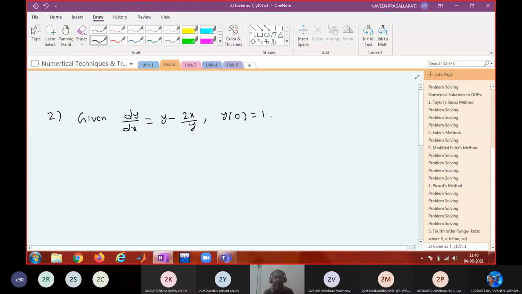Find y of 0.2, y of 0.4 by the RK method. Even if they say RK method, by default you have to take it as the fourth order RK method only.